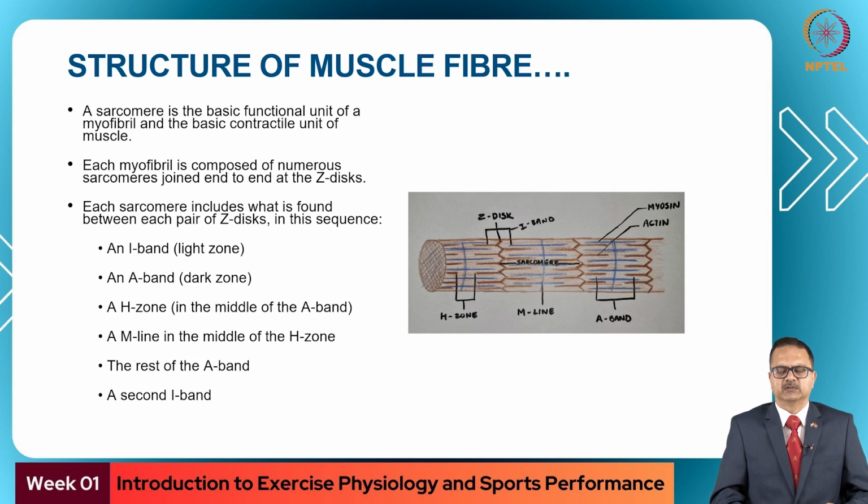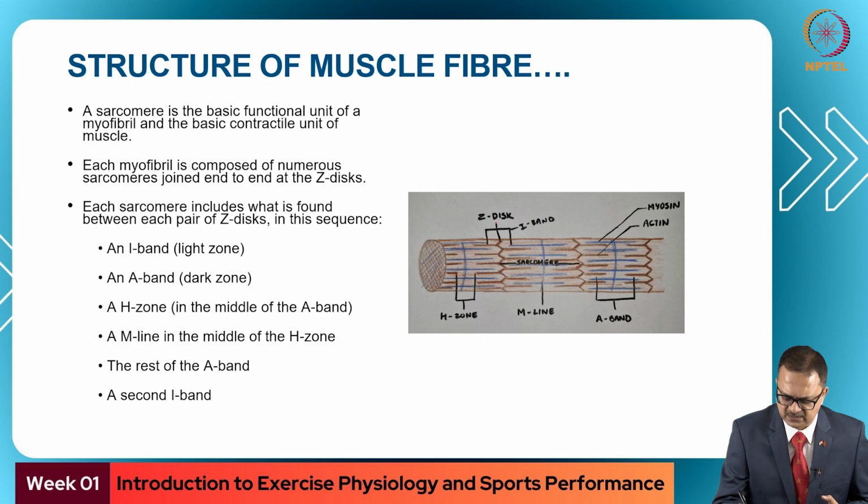Now let's come down from the myofibril to the sarcomere. A sarcomere is the basic functional unit of a myofibril and the basic contractile unit of the muscle. Basically, if you look at a myofibril, you will see these Z discs.